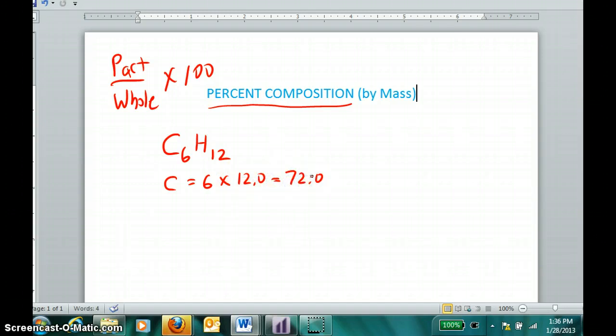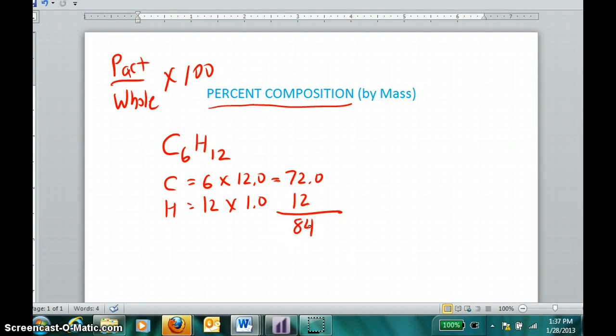Carbon makes up 72 parts of the whole mass of hexene. Hydrogen, on the other hand, with its 12 atoms that are each only 1 atomic mass unit, makes up the other 12 parts of the mass, and the whole mass is 84.